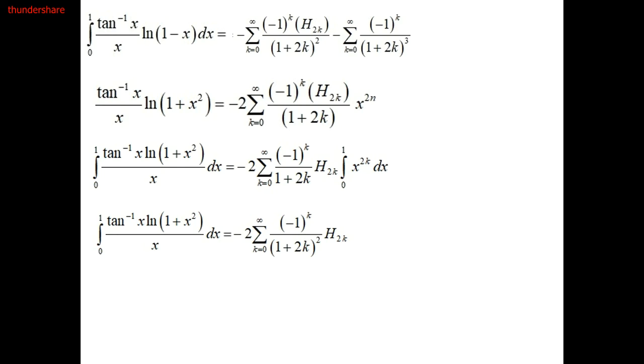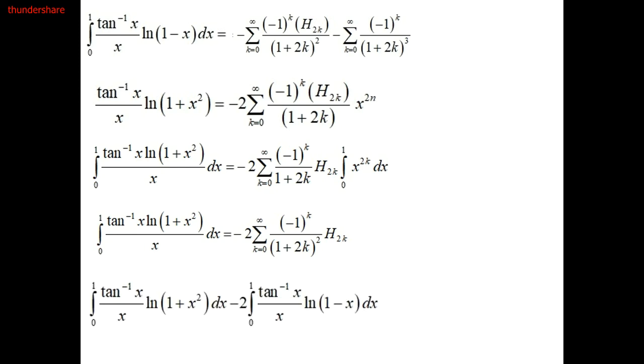If we substitute this into the main integral, we will find that two values cancel each other: negative 2 times the sum of (-1)^k over (1+2k)^2 H_(2k) cancels with the other one after it is multiplied by negative 2, and this last one will remain positive, times 2.